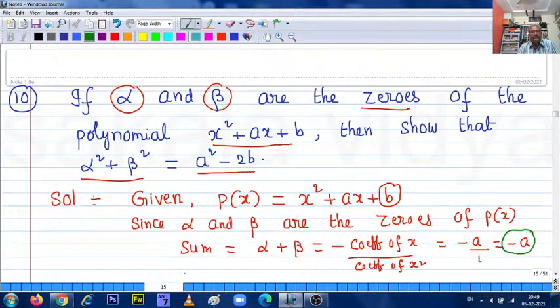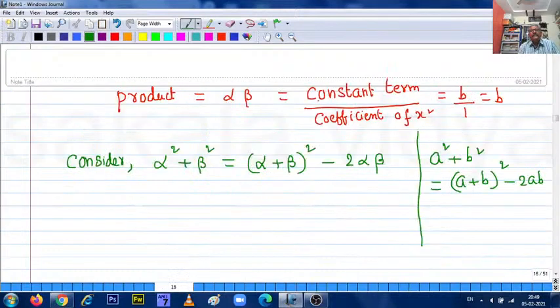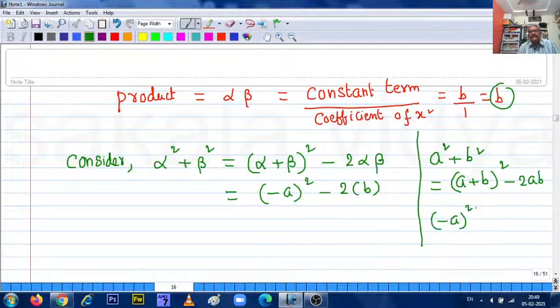Alpha beta is equal to b. So replacing here, minus a whole square minus 2 times b. Minus a whole square means minus a into minus a. Minus into minus is plus. So a square. So we can now have a square minus 2b. Hence it is proved. I think it's clear to you.